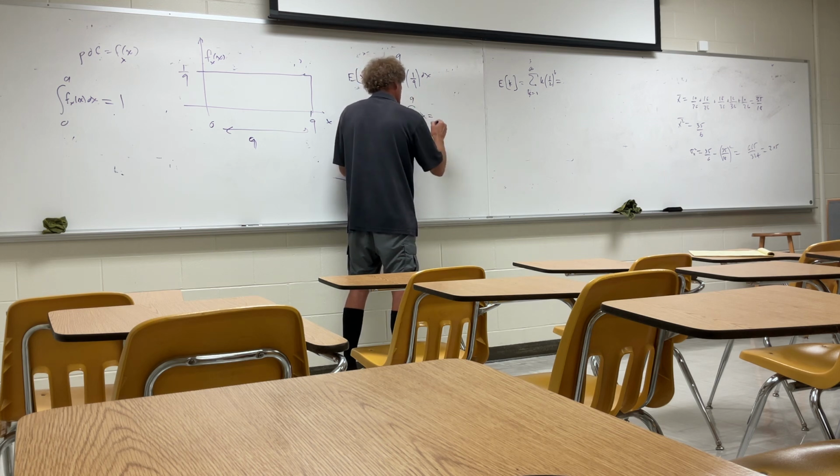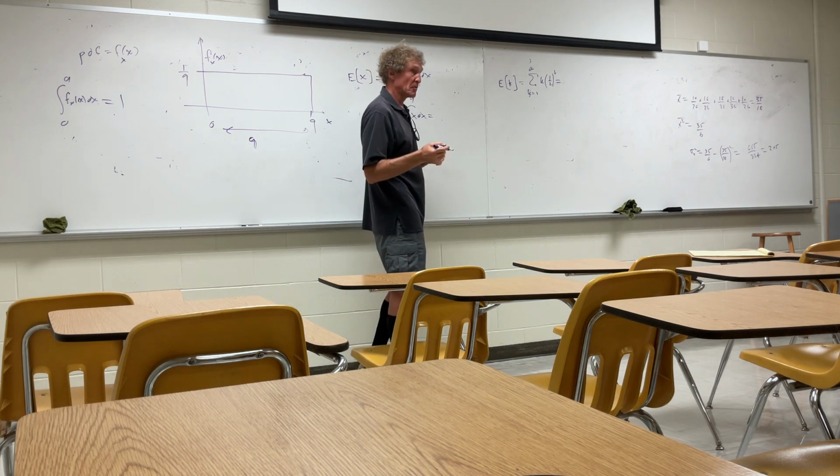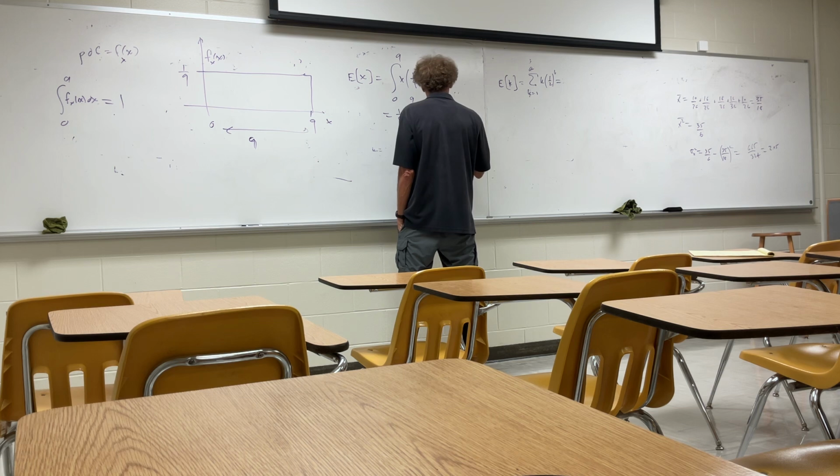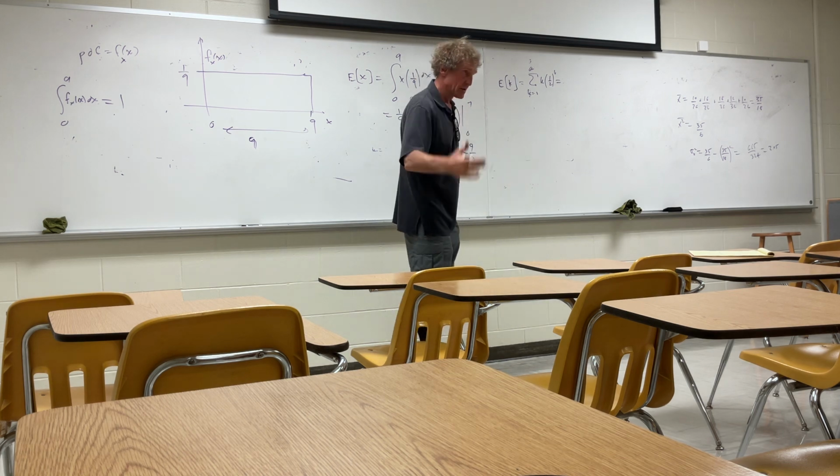These are the type of integrals you love, because they're no-brainers in a sense. So this is going to be 1/9 times x squared over 2 from 0 to 9, or really I get 9 squared over 9, right? Times 1/2, or I get what? 9 divided by 2, or 4.5.